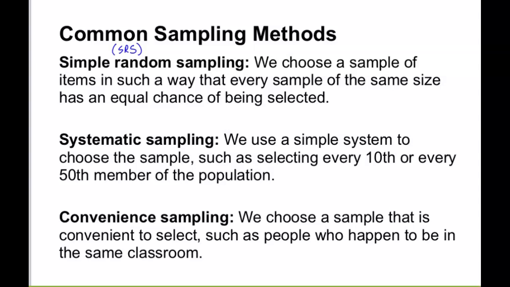One thing I can do, you all have ID numbers associated with your name, so I could tell my calculator to take a random sample of 50 ID numbers. And then I could go find the students that correspond with those ID numbers, right? But that's going to be really difficult and time consuming for me because I have to go find where each student is, go locate them in the school times 50, right?